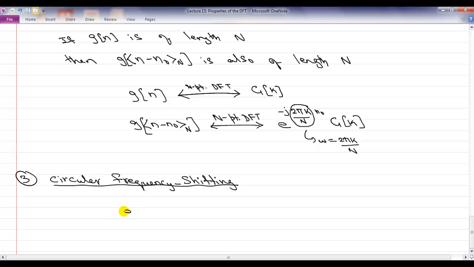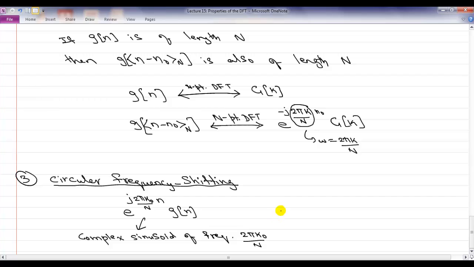DFT, what you have is if you multiply your sequence g of n with e to the j 2 pi k naught over N times n. So you multiply it with this complex sinusoid of frequency 2 pi k naught over capital N. So k naught is a fixed number, and the assumption is g of n is of finite length.